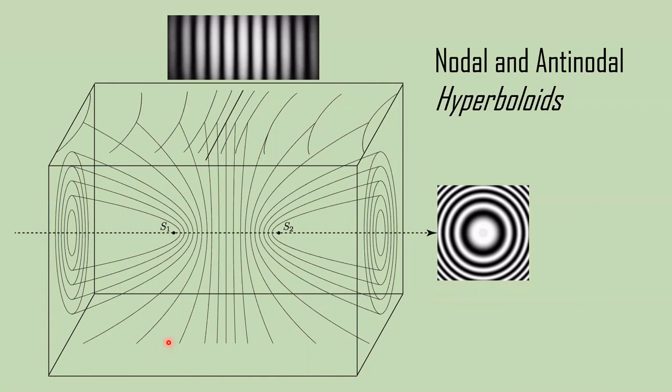I've seen other textbooks where they address this, but it's kind of fun to remember that for 2 sources, which actually radiate isotropically in 3-dimensional space, you're talking about nodal and antinodal hyperboloids, surfaces of maximum destructive or maximum constructive interference. And I think it's fairly clear why we're not going to find a simulation of that.